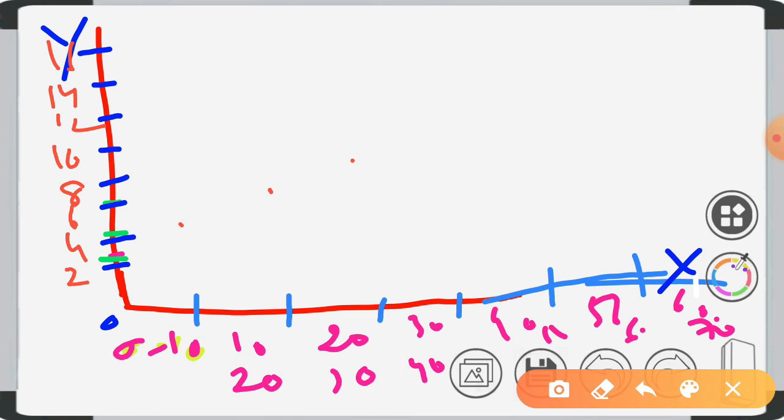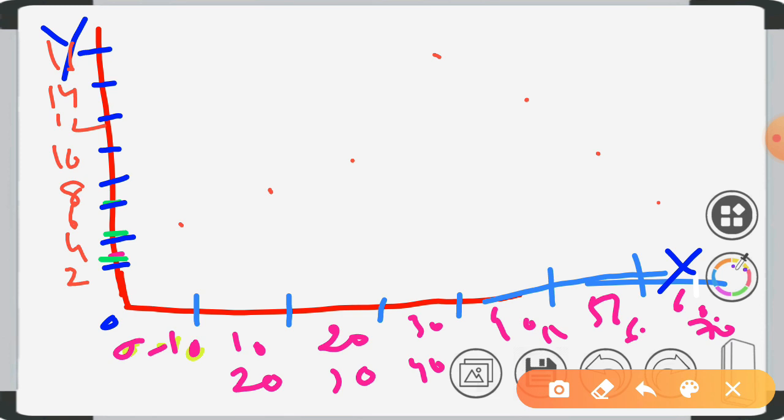Then 30 to 40 is 15. Then 40 to 50 is 13. Then 50 to 60 is 10. 50 to 60 means this one, how much, 10, and 60 to 70 is 6, means here.